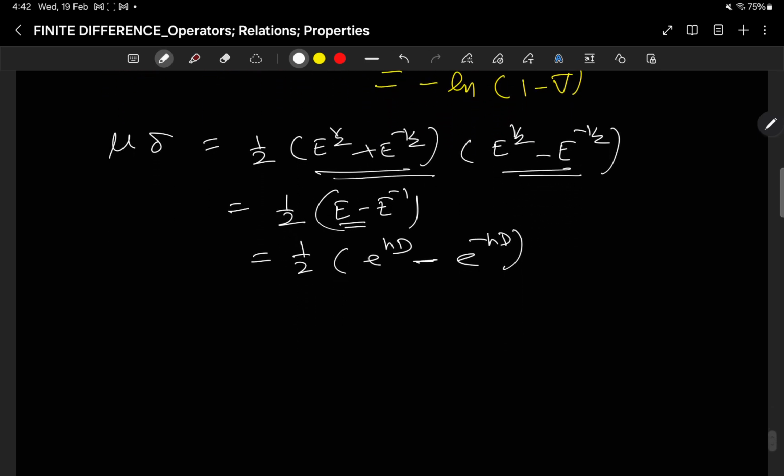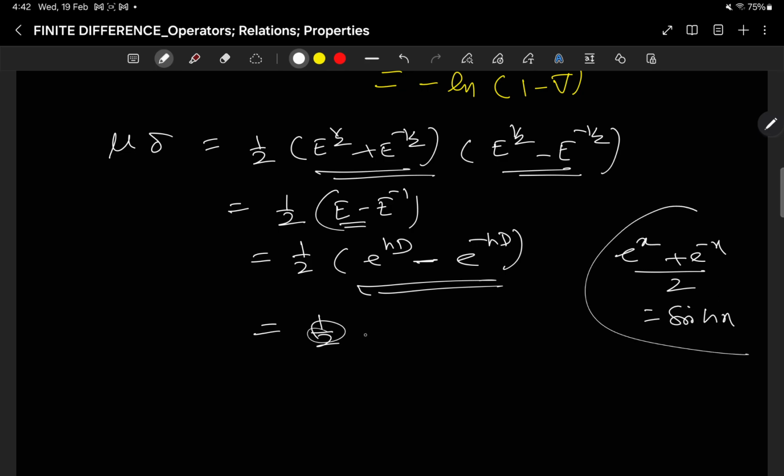Is it not your expansion of sine? It is (e to the power x minus e to the power minus x) by 2, which is sine hyperbolic x, is it not? So we can write it as sinh(hD). Therefore hD is equal to sine inverse of mu delta.